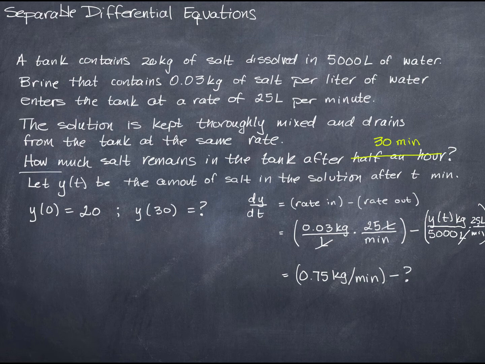Then I can simplify this expression and I get, I need to erase my question mark. I'm in trouble with my pen tool again. White pen, okay. I have y of t over 200, and that is kilograms per minute.